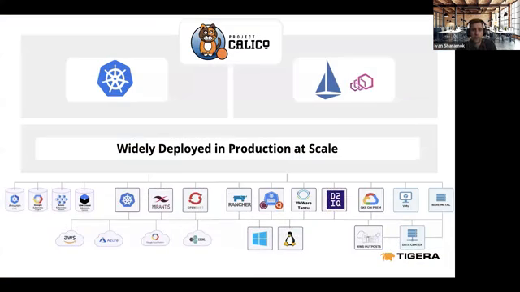In terms of the span and footprint of Calico in the Kubernetes domain, this slide gives a quick overview of where you can find Calico, where it's used. On the left-hand side, you can see some of the managed offerings of Kubernetes by public cloud providers, AKS, GKE, IKS.